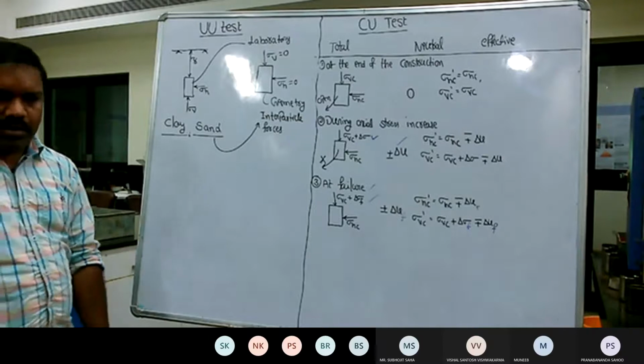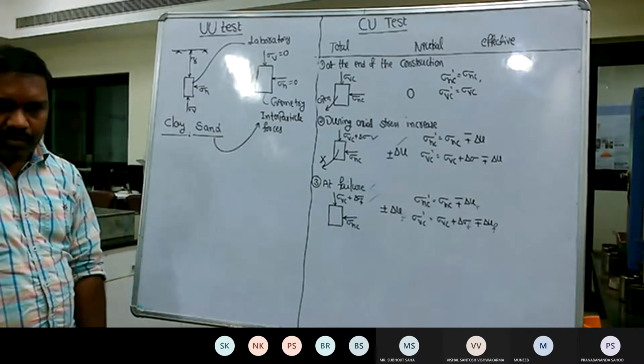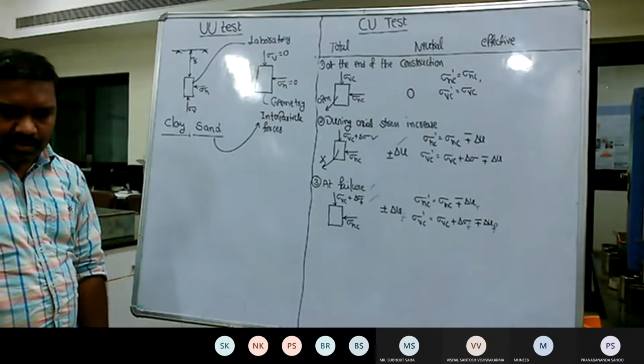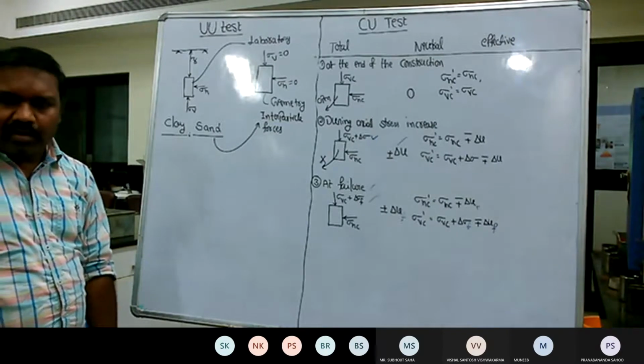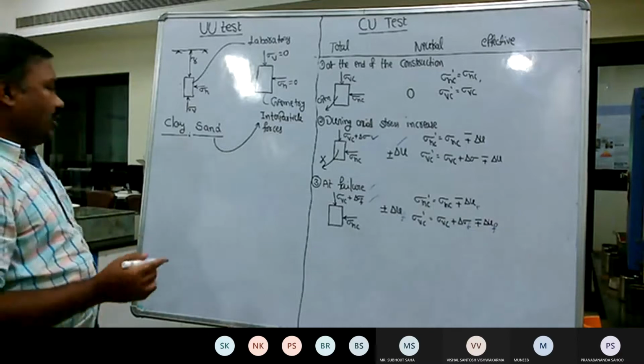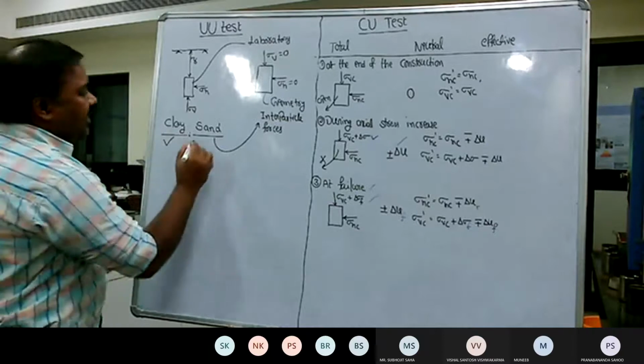In sand, sir, it will be less. If we take the sample out from the core cutter, it will fall, but clay will keep its shape. Okay, so in case of clay there is a possibility, but in sand it is very small.